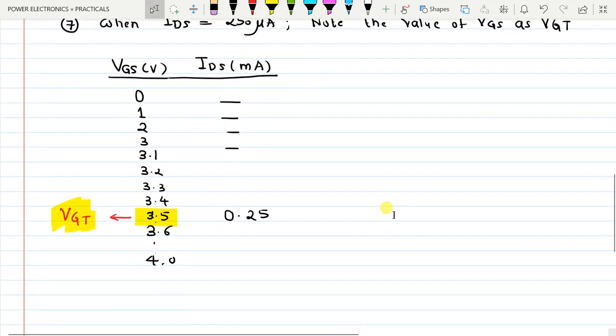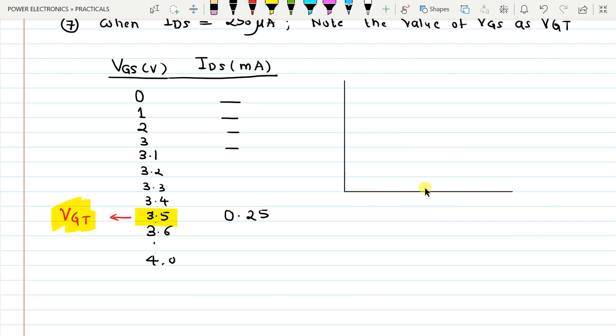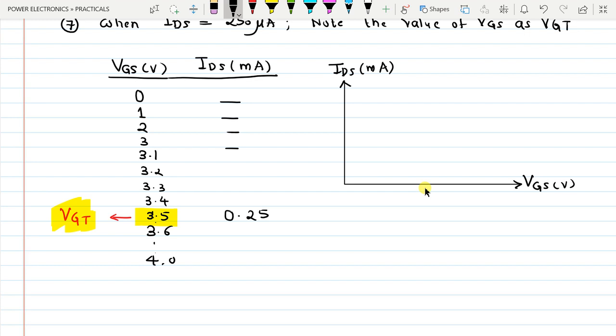Students, this is an observation table which can be used to plot the transconductance characteristics, that is IDS versus VGS. This can be your IDS in milliamperes, and this is your VGS in volts.